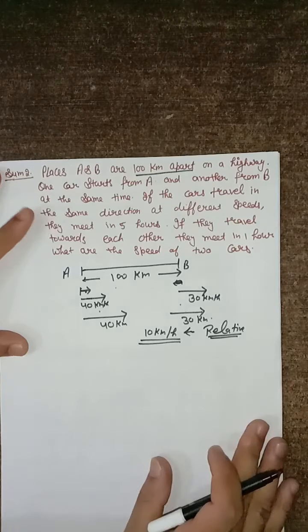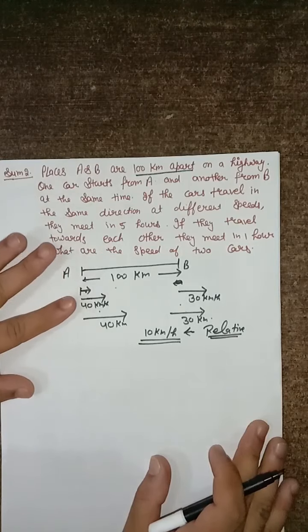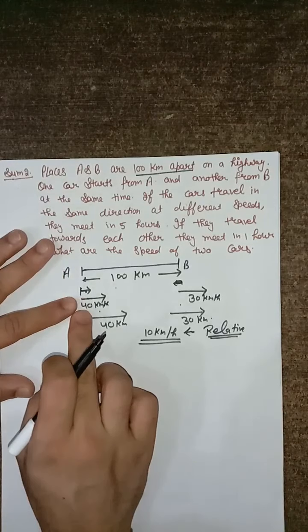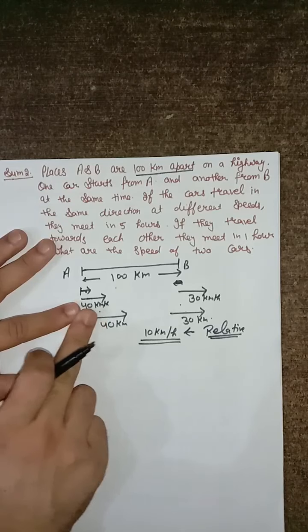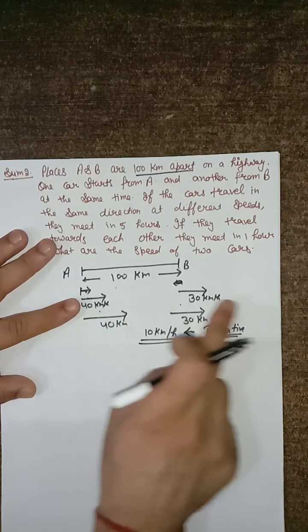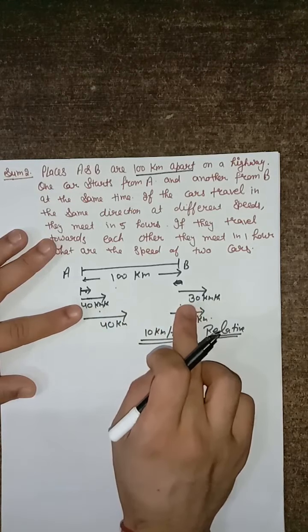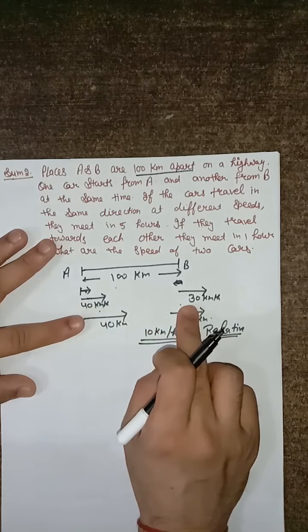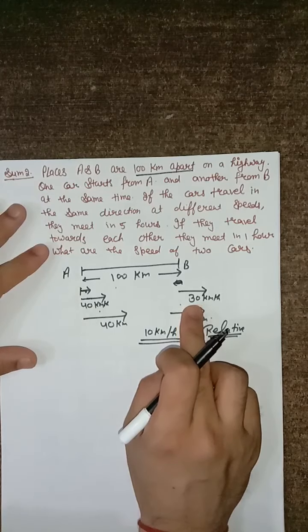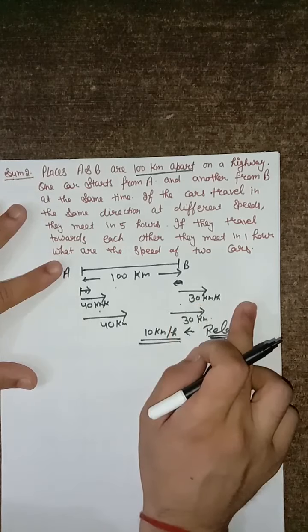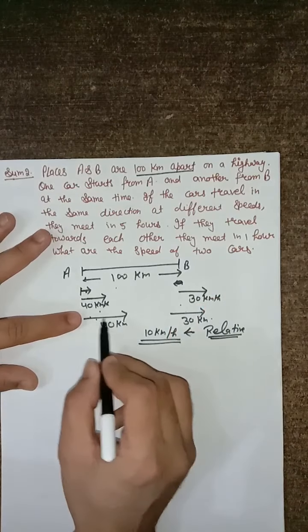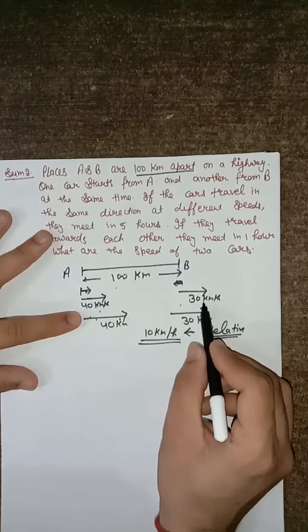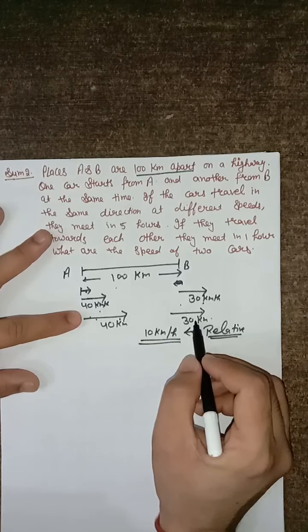I am repeating. I am assuming here that a car is moving at 40 km per hour in the direction towards B, and another car from B is moving at 30 km per hour in the same direction. After 1 hour, this car will move 40 km and this car 30 km.